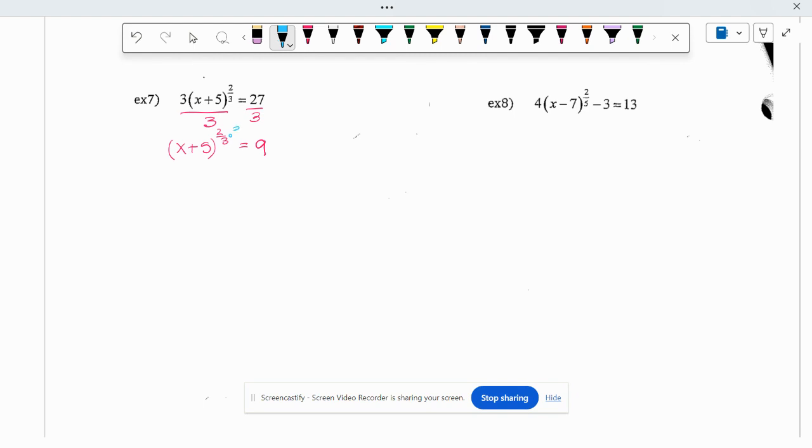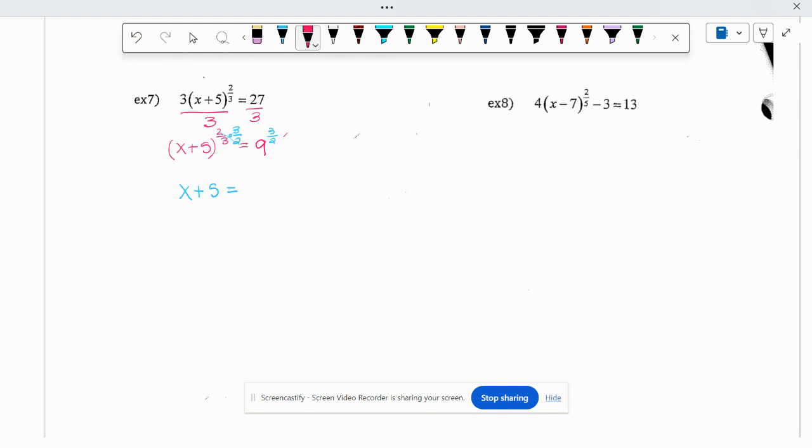So I'm going to multiply by its reciprocal power, which is 3/2. But that means I have to do 3/2 on the other side. So on the left side, these cross out, or you get 6/6, which is 1. So the parenthesis melts away, and I just have x plus 5 equals.